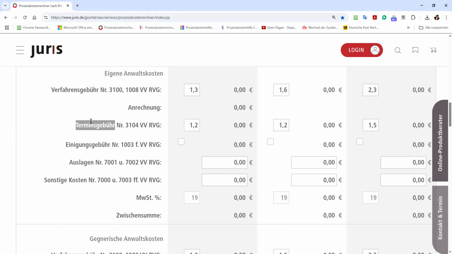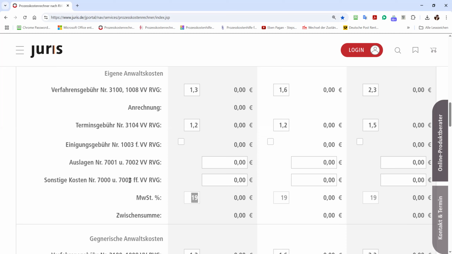Now, on top of that, a fixed flat fee for expenses is added. This one here, it's usually 20 euro, as you will see in a few minutes, and also 19% VAT. Unless the client is from another EU country and qualifies for reverse charge VAT treatment, then obviously there is no VAT in those cases.